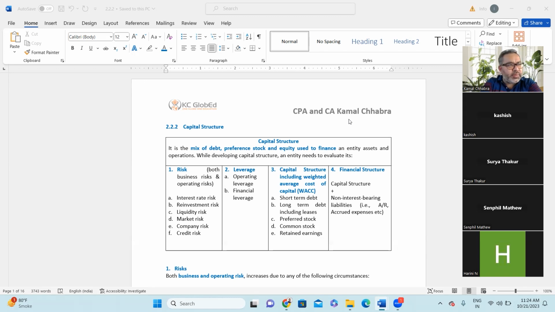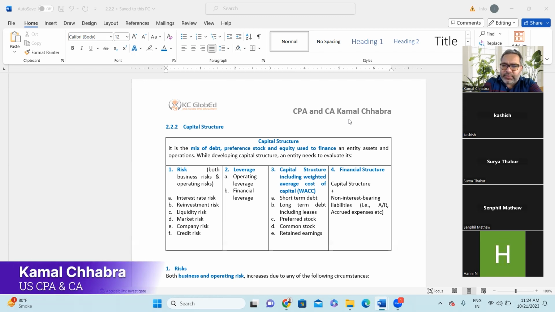So capital structure is basically the mix of owner funds as well as preference shares as well as retained earnings as well as debt, which includes loans and debentures, both, right? So the capital structure is a mix of your debt, preference stock and equity, which is used to finance an entity's assets and operations. So while developing a capital structure, we need to evaluate a couple of things.